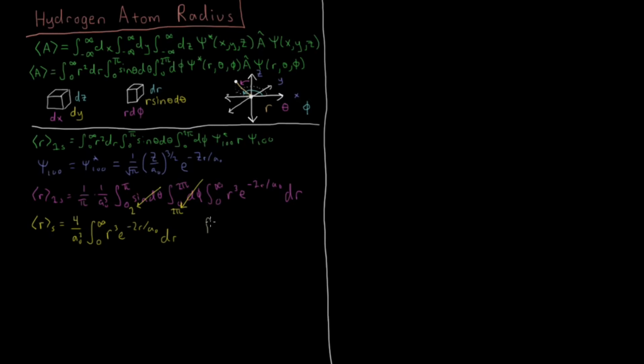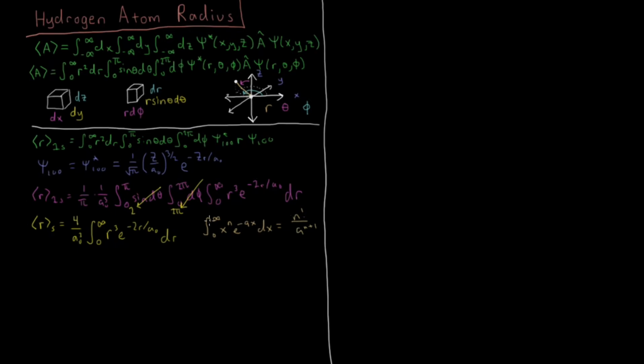I can look up in a table that the integral from 0 to infinity of x to the n e to the minus a x dx is just equal to n factorial over a to the n plus 1.